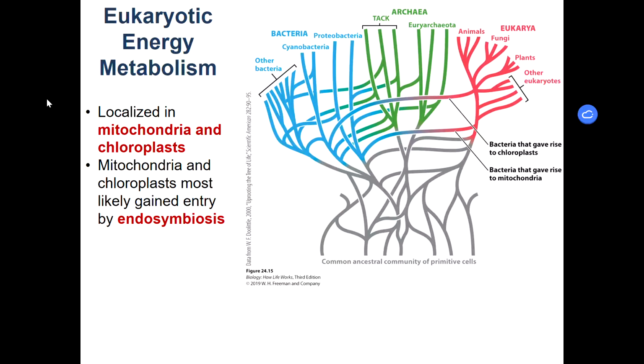So it is hypothesized that mitochondria and chloroplasts gained entry into early cells by endosymbiosis, which means that there is a symbiotic relationship that formed between the cells that were originally mitochondria and chloroplasts and the early eukaryotic cells. So you can see here, one type of bacteria gave rise to chloroplasts, and a different type of bacteria gave rise to mitochondria.